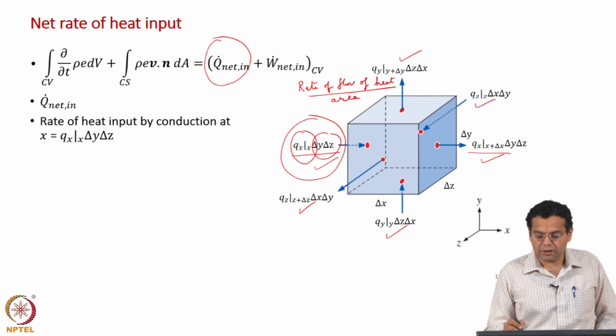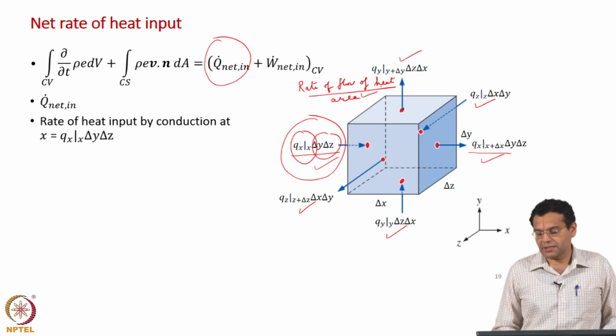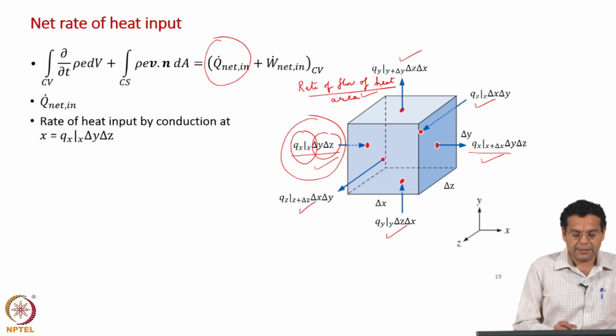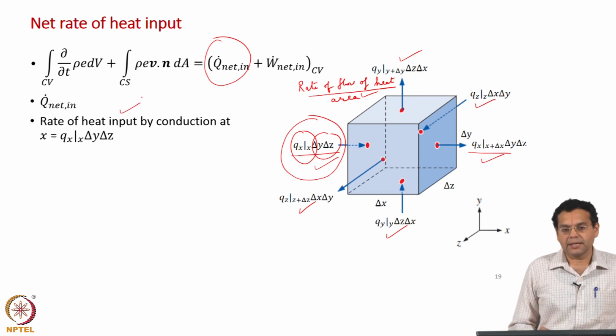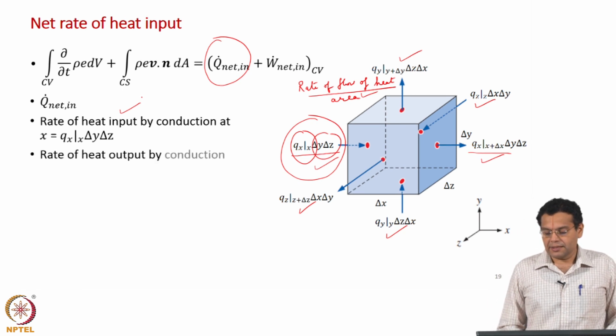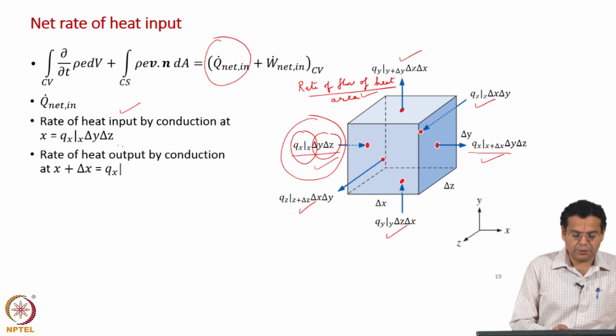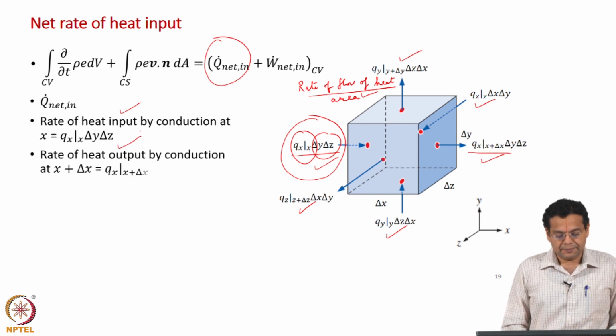So, we have rate of flow of heat, which has per time in it, per unit area, multiplied by the area which is delta y delta z, and we get the rate of flow of heat, and because it is inflow we are writing it as rate of heat input by conduction, and at the right phase we have rate of heat output by conduction.